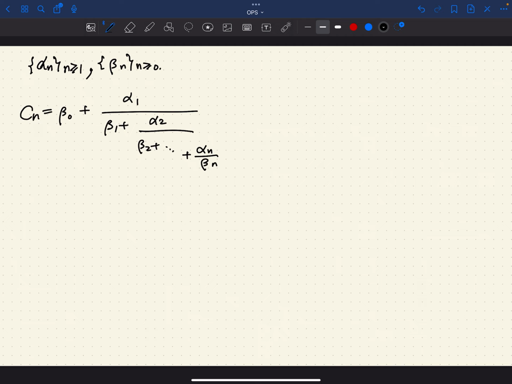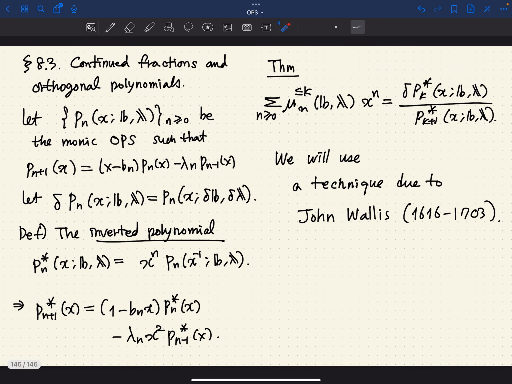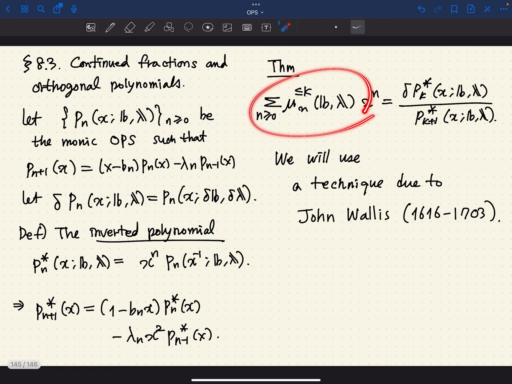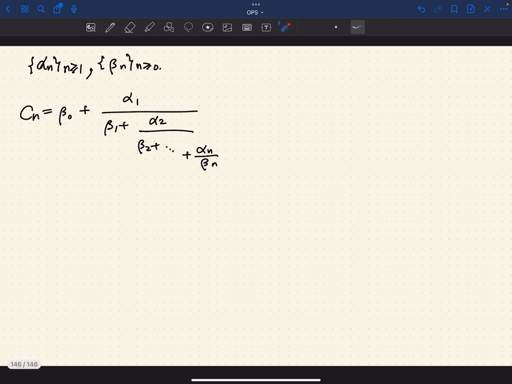So these are basically this with some alpha, beta specialized. Our goal is to express this as a rational function in x. This is always possible because this is a rational function after all. So our goal is, can you write this as a ratio of two polynomials? How can we find the A_n and B_n?